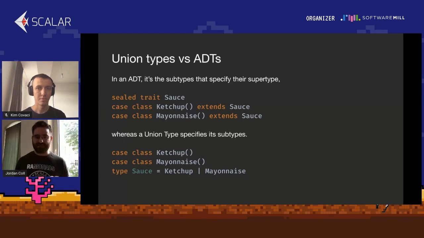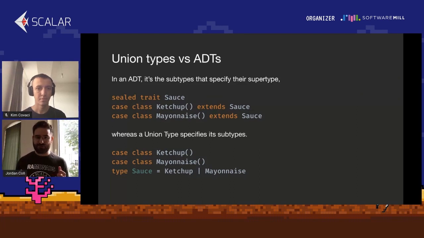The difference is that they construct these hierarchies differently. So ADTs use extension to build the type hierarchy. That means that subtypes extend the supertypes, whereas unions use combination to build the type hierarchy. So supertypes combine their subtypes. This is a bit of a nuanced difference, but it's an important one.